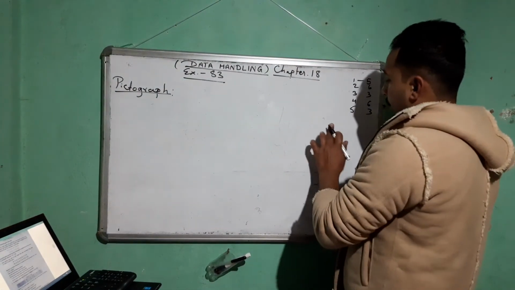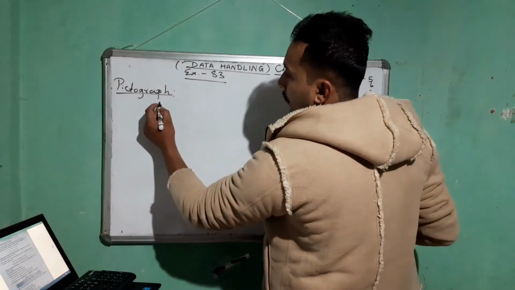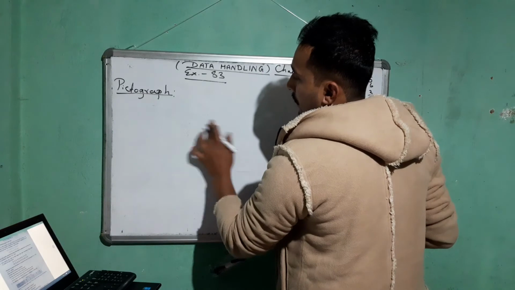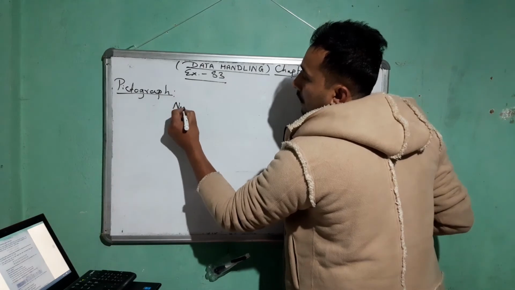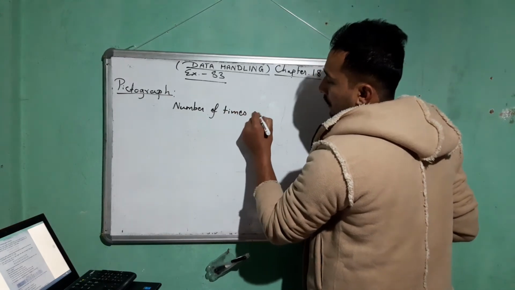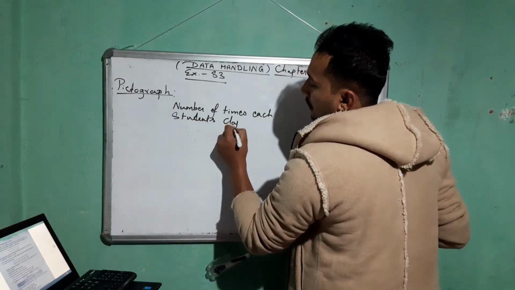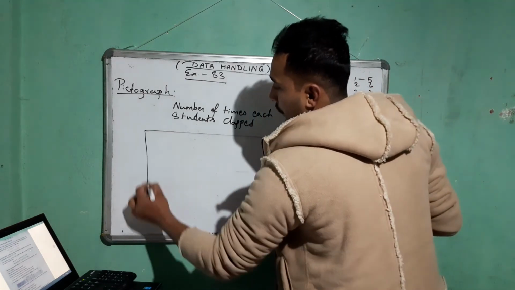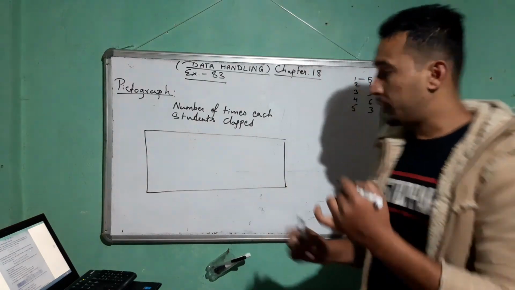Okay, for the pictograph, the number of times each student clapped. You have this, and you make it afterwards. Once I complete everything, then only you make it.